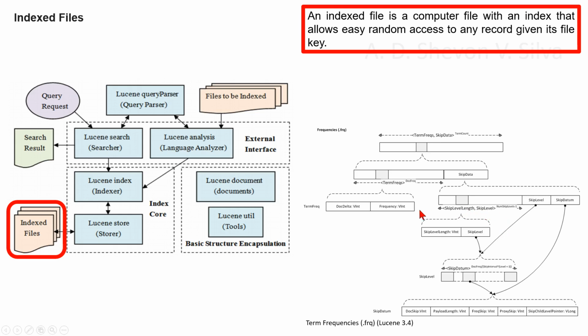The number of nodes in each skip level equals docFreq divided by skipInterval to the power of level plus 1, where level is greater than or equal to 0.